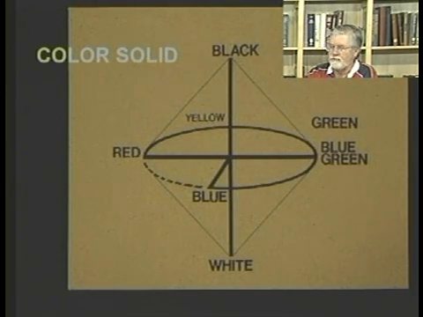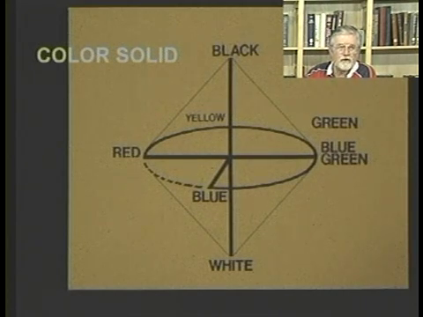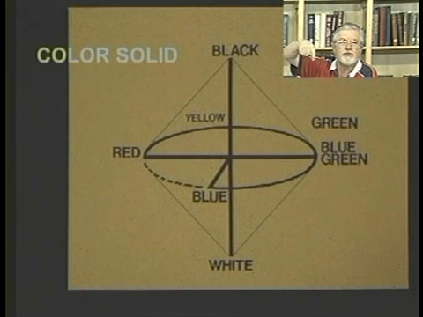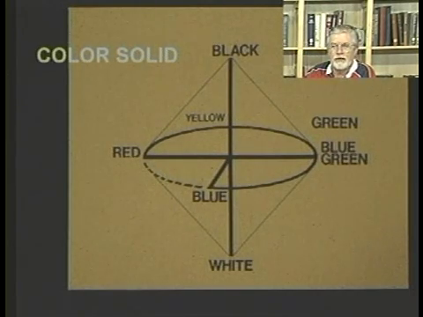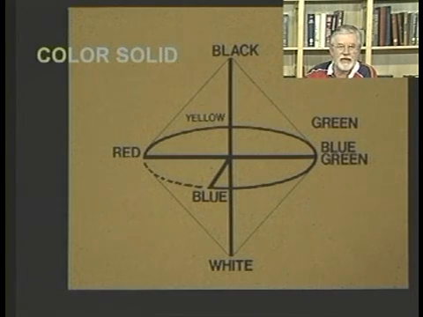Okay? We have saturation level is represented by distance from the midpoint. Okay? And you will notice brightness is reflected on the vertical dimension. And the actual color, the hue that you experience, is represented by the position around the circle.